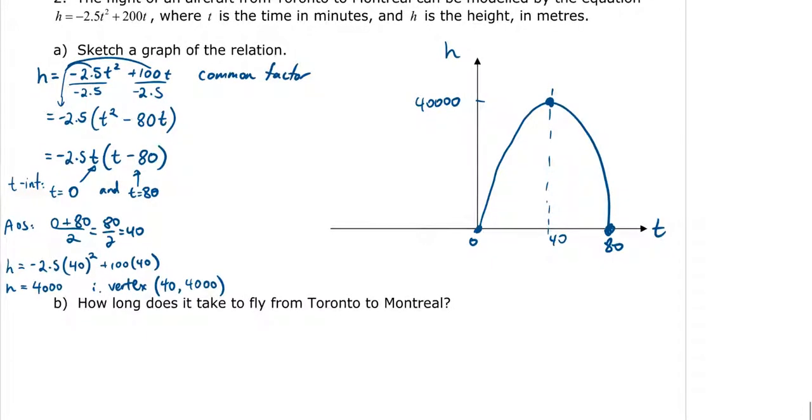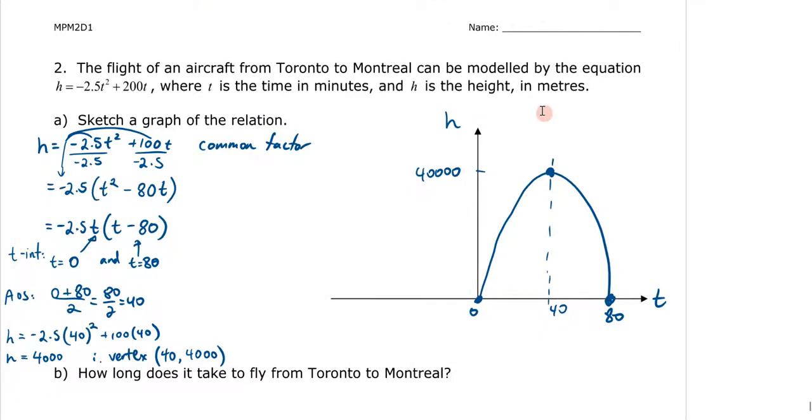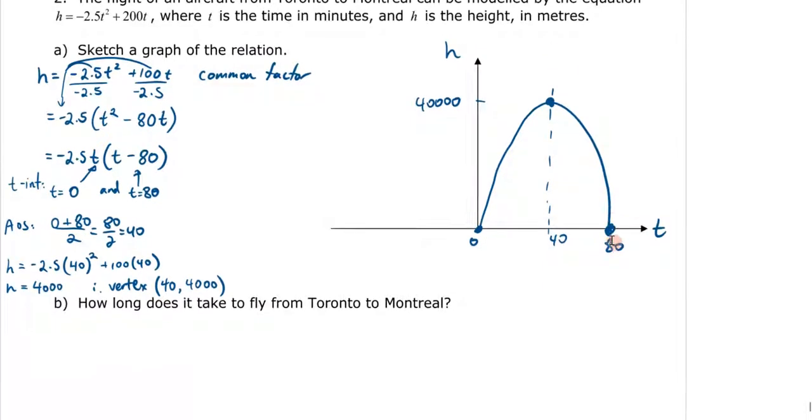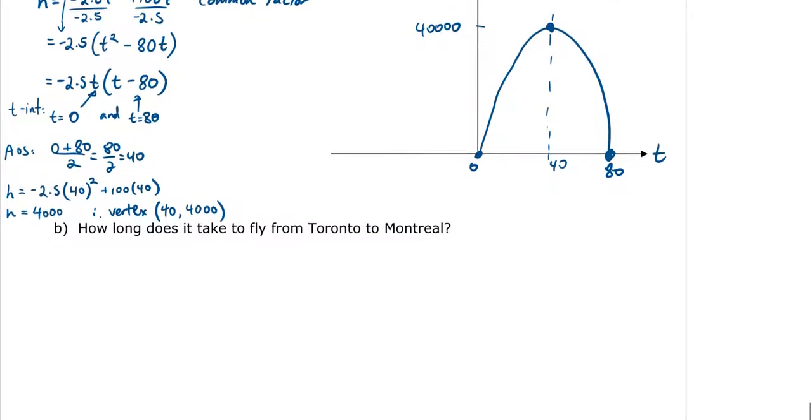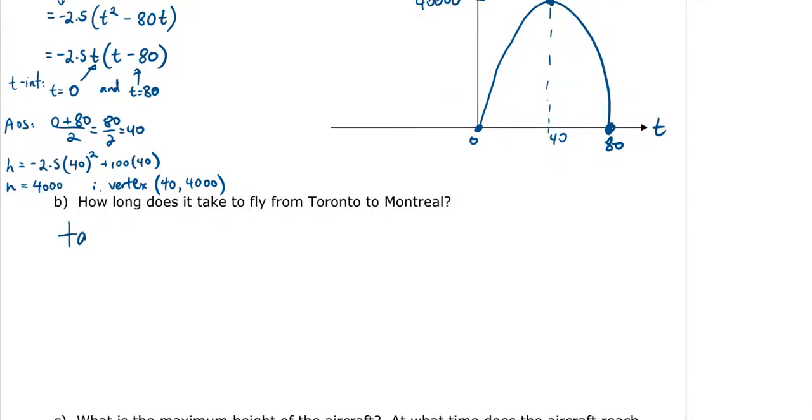So part B. We'll just talk about the parabola. The parabola models the height of the plane. The plane takes off, reaches a height of 4,000 meters, and then comes back down after 80 minutes, all the way back to the ground. So how long does it take to fly from Toronto to Montreal? Well, takeoff and landing happens on the ground.